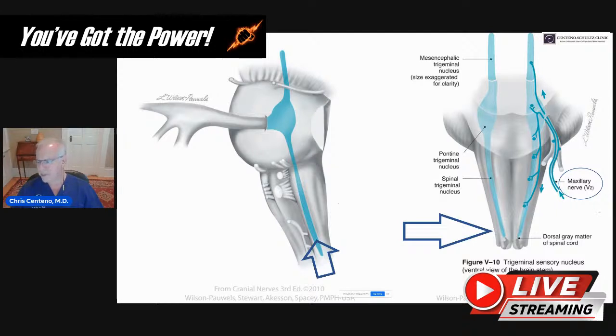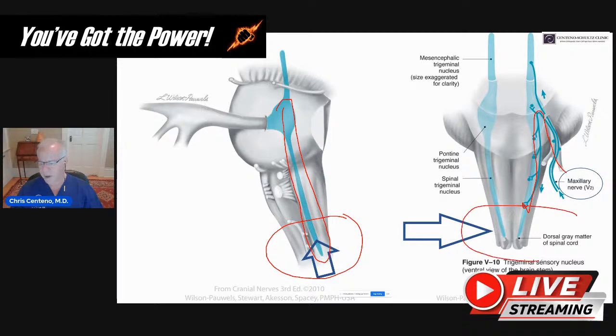All of these trigeminal branches come in and then descend, and where they collect is called the trigeminal nucleus. As you can see, it lives right on the side here, in the lower part of the brainstem and the upper part of the spinal cord.